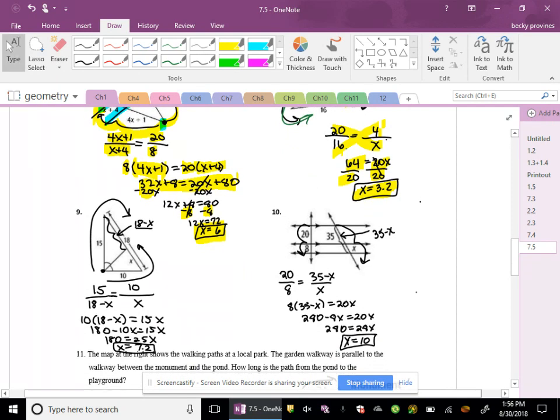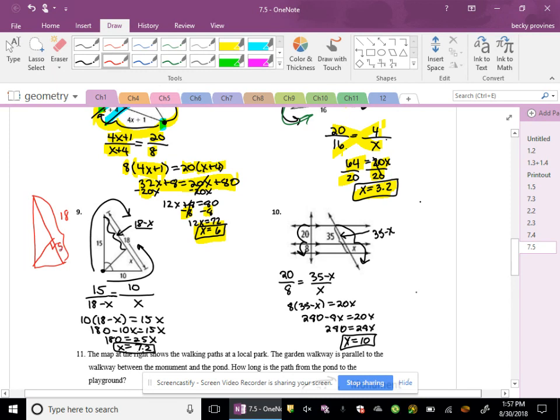Now, number 19, it has a very tricky part to it. So here's how I always explain this first. So let me draw a little better of a picture. Okay, so let's just say I have this entire side, and I know, let's just go with 18.